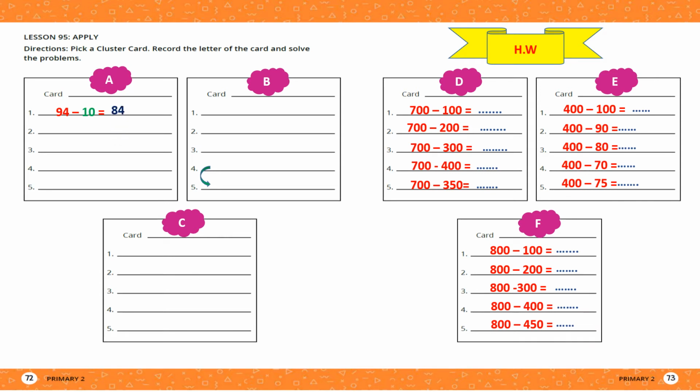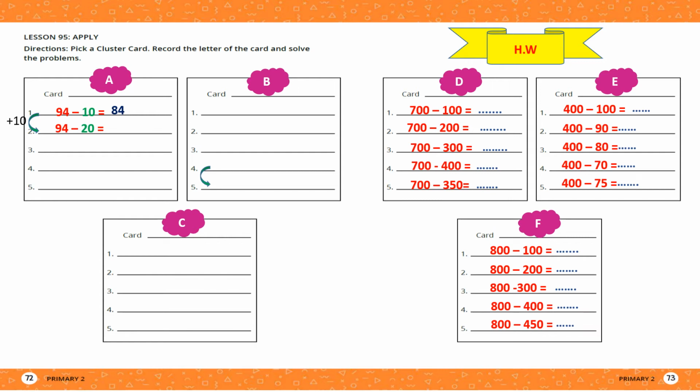The second equation is 94 minus 20. What happened here? Look carefully. 94 is the same, but 10 increased to be 20. So what did we do? We added 10 to the second addend. 10 plus 10 equals 20. Look at the green numbers. 10 plus 10 equals 20.